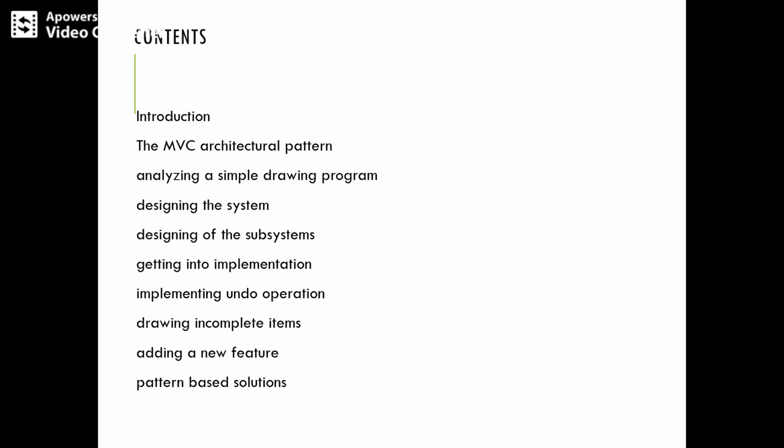So in this module, we are going to discuss the introduction to the MVC architectural pattern, analyzing a simple drawing program, designing the system, designing of the subsystems, getting into the implementation of undo operations, drawing incomplete items for the design purpose, adding new features, different pattern based solutions, and examples of architectural patterns.